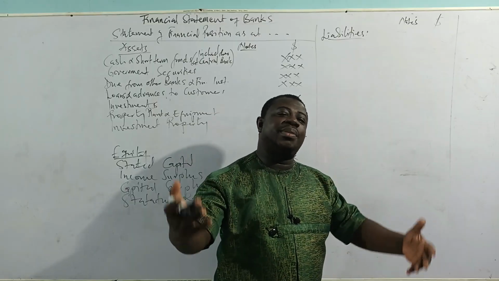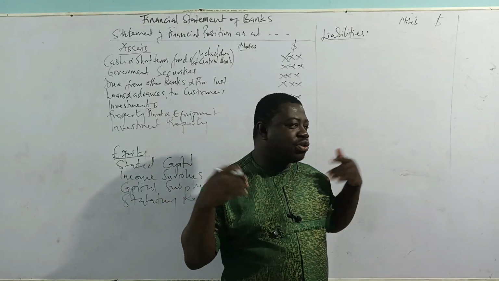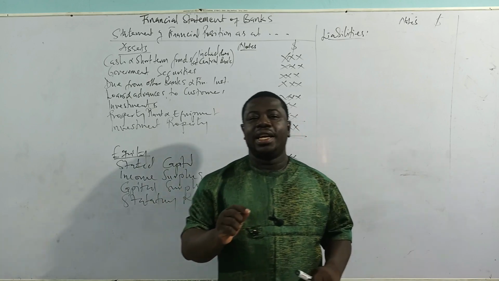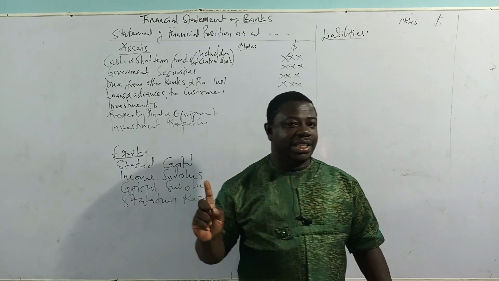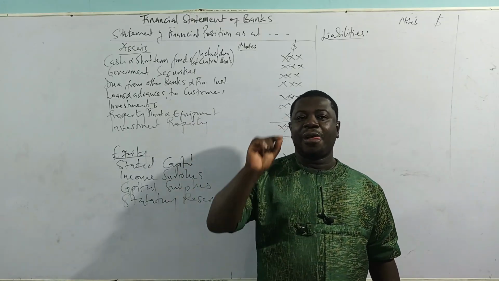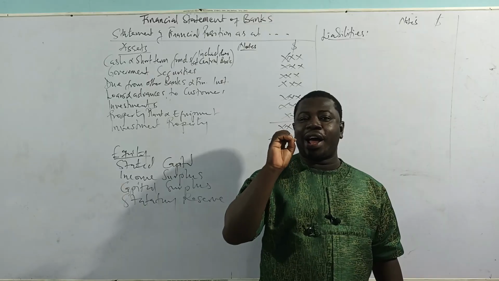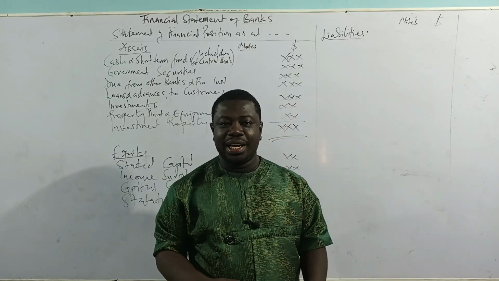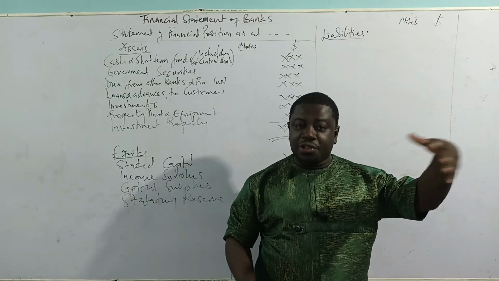Do you know that the customer's deposit with the bank is a liability to the bank? When you are saving with the bank, to the bank it is a liability. That is why they credit your account, because liabilities or creditors have credit balance. You are a creditor to the bank because they take your deposits and use them for business.